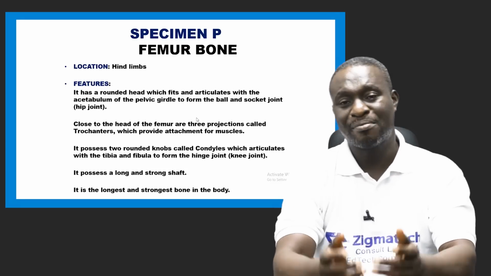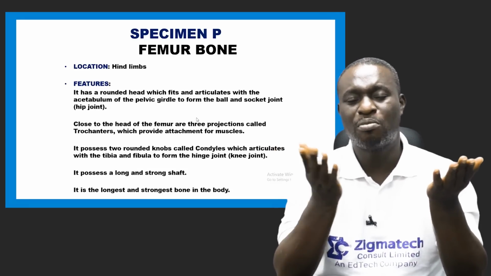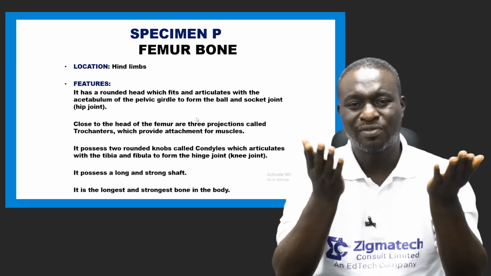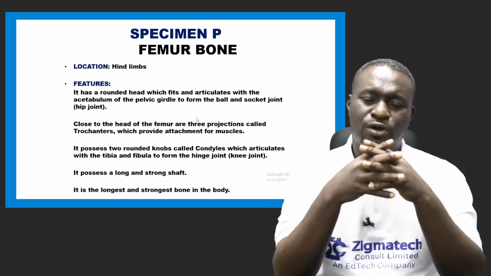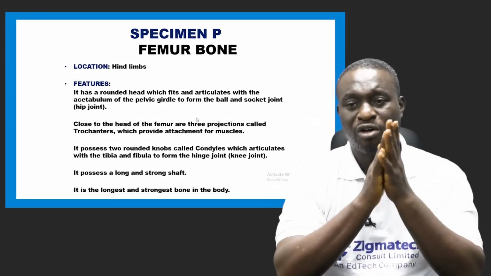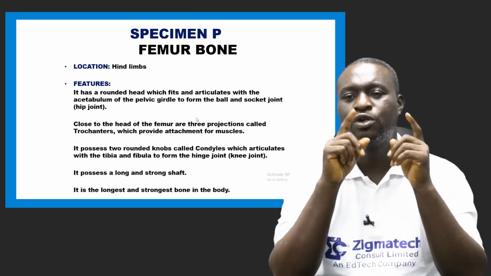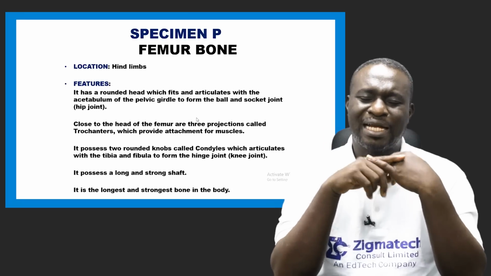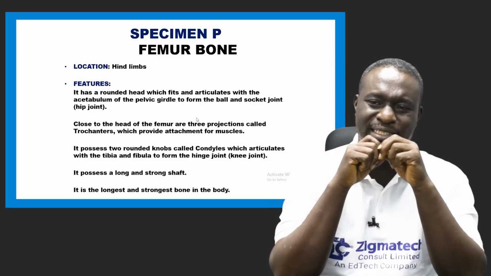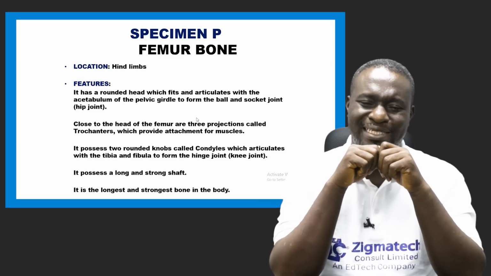So sometimes you might be asked to describe common features, observable common features, or you can also be asked sometimes about differences, which we are going to see much later. Now, note that it has a round head, and this round head articulates with what we call the acetabulum.